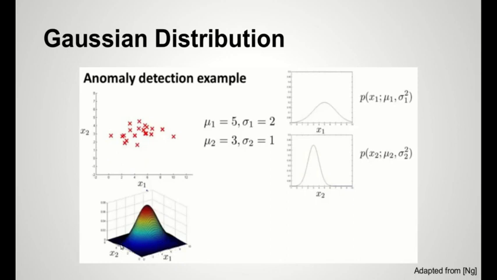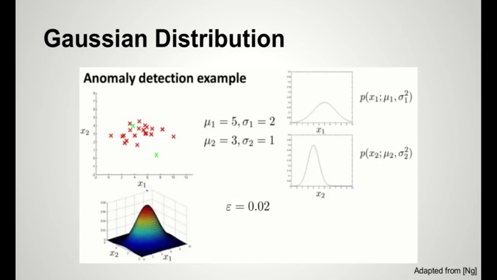So for the first dot, we take its value here, it's 4, and we calculate its probability of happening for the value of 4-ish, and the probability of it happening if its value is 4 again.